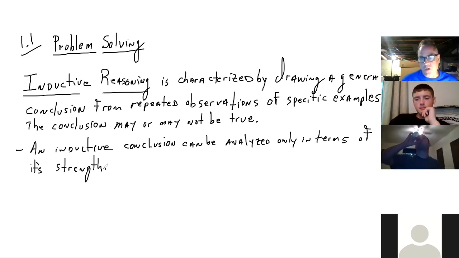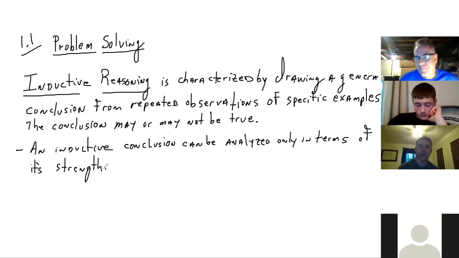At best, if it's a strong argument, I can say it's probably true, but that is it. And then in terms of, and I think I'll put this down after I look at the other type of reasoning, but I'll write it down here in a minute when I compare the two. But general to specific in terms of inductive, I'm drawing a general conclusion based on specific examples.